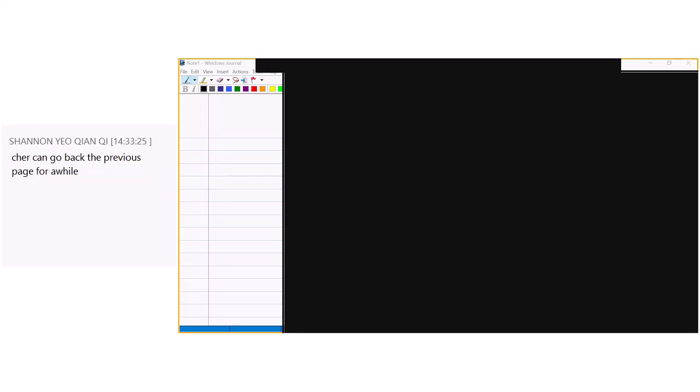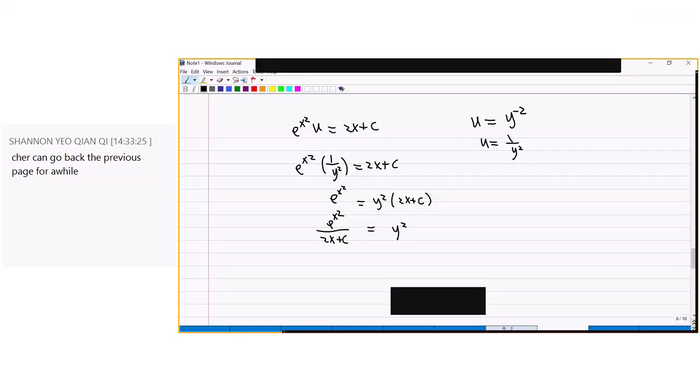Previous page for a while. Okay, sure, no issue, right? Previous page for a while. Okay, previous page.